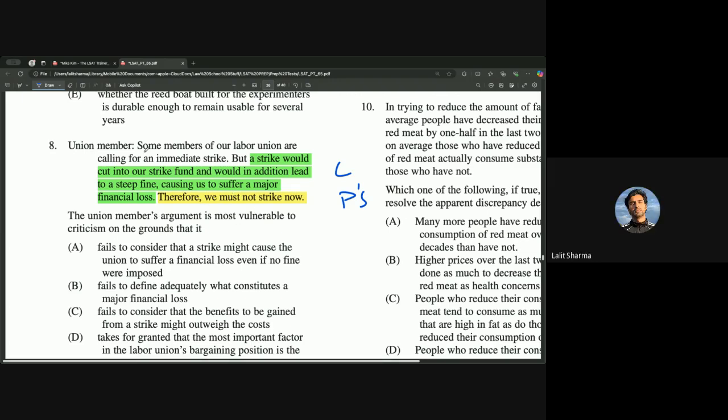You'll notice the patterns. Even just the structure of the argument, right? The other person's argument. Whenever they say some members, or some people, or some scientists, or some political theorists, whatever they say, most likely that's going to be someone else's argument, and whoever is writing it will disagree with them.